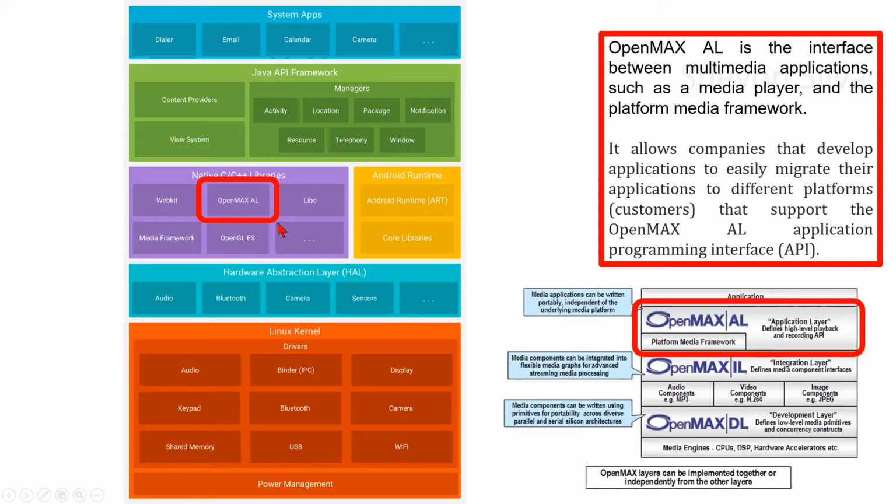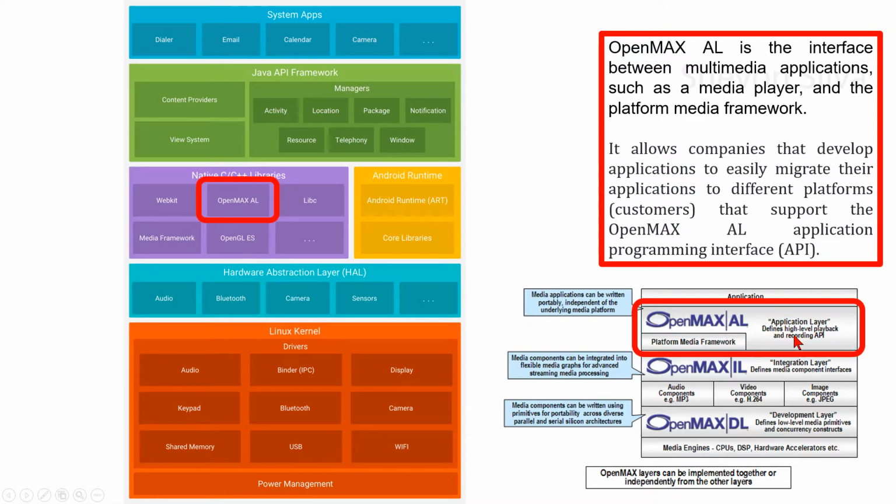Customers support the OpenMAX AL application programming interface (API). Here, OpenMAX layers can be implemented together or independently from the other layers. This is the application, this is OpenMAX AL. Media applications can be written portably, independent of the underlying media platform.